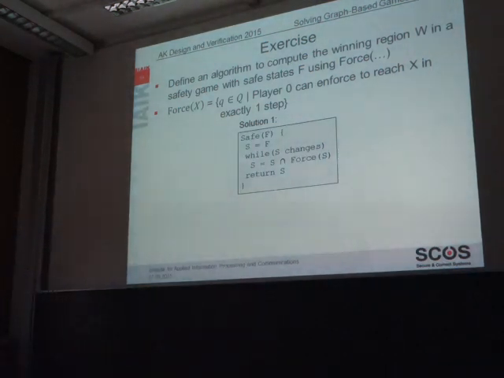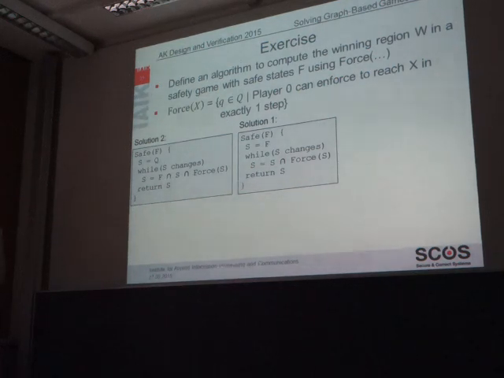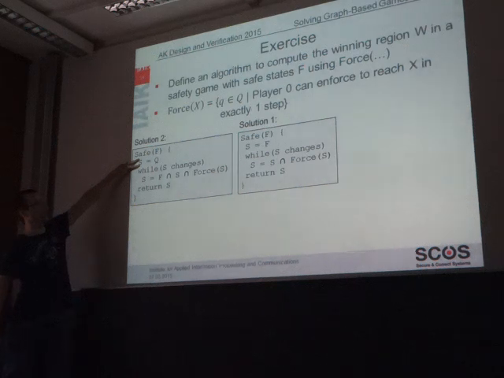Now, as before, this algorithm cannot really be written as a mu-calculus formula, because in these mu-calculus formulas we always start with the empty set of states or with the set of all states, but we can easily also, just like before, define it in such a way that we start with the set of all states.